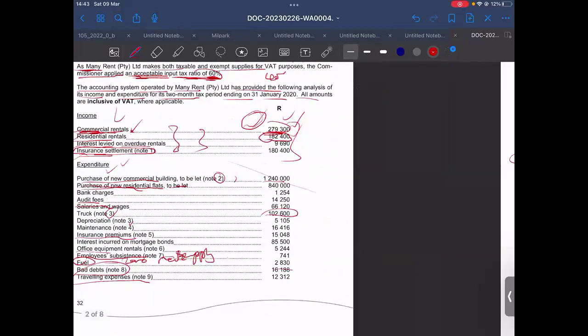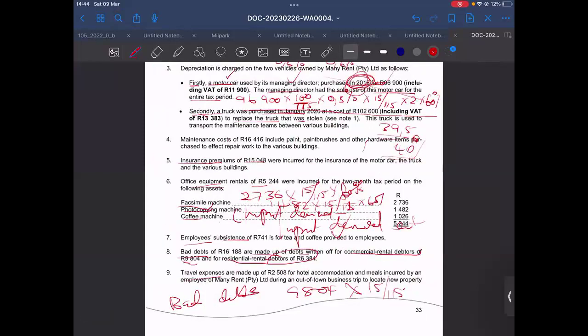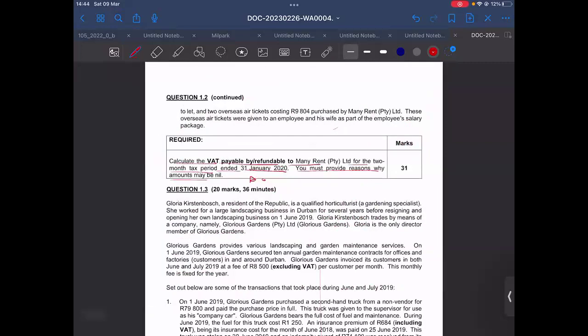Then travelling expenses, note number 9. Travelling expenses are made up of 2,508 for hotel accommodation and meals incurred by an employee of Main Rent during an out-of-town business trip to locate a new property to let, and the 2 overseas air tickets costing 9,804 purchased by Main Rental Ltd. These air tickets were given to the employee and his wife as part of the employee's salary.